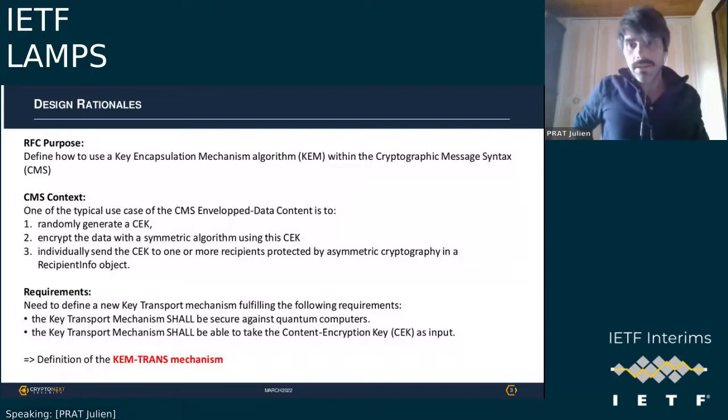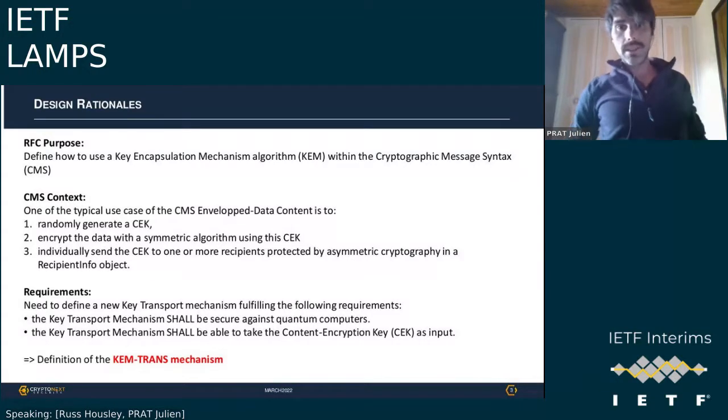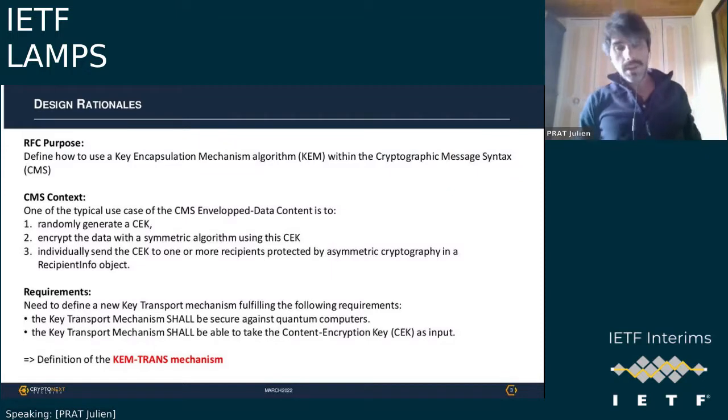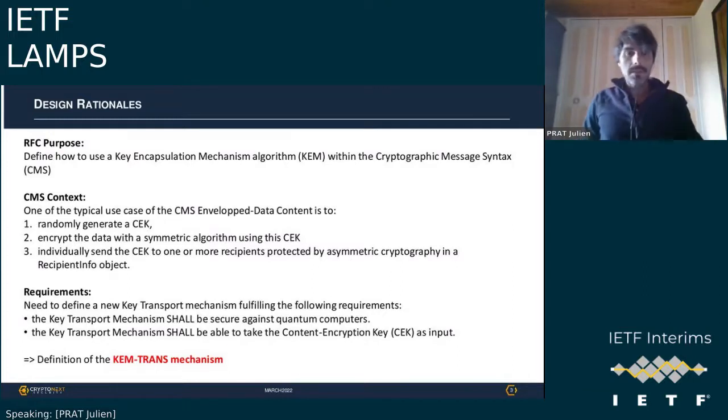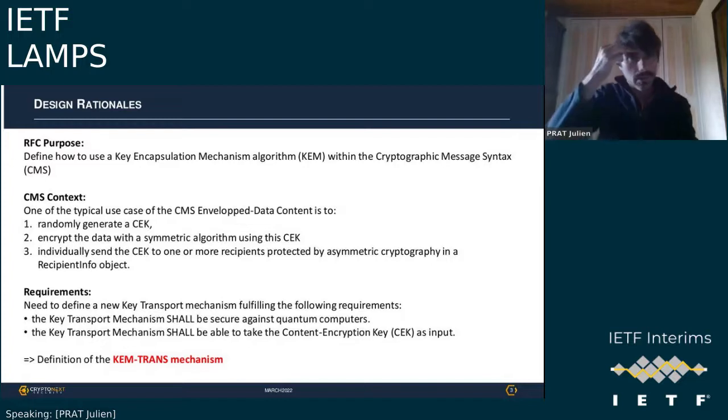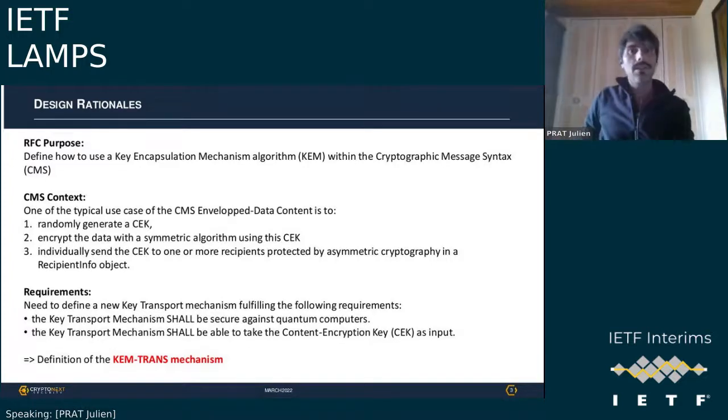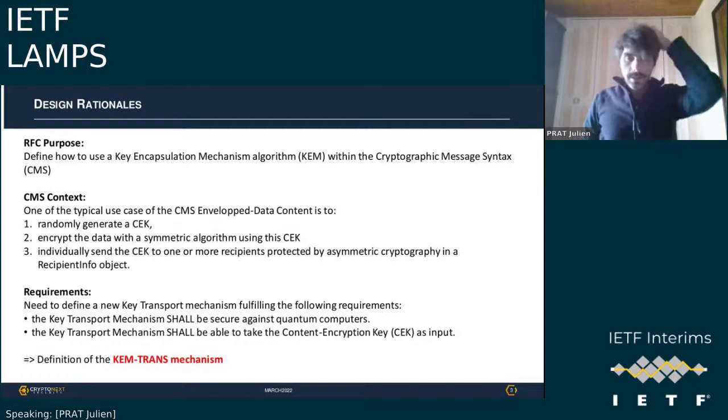So that's the reason why we defined this KEMRI-Trans mechanism, which is basically an adaptation of the already existing RSA KEM coming from the RFC, if I remember well, 5652. So next slide, please.